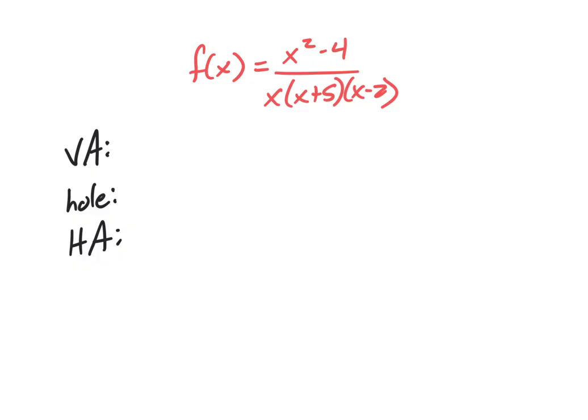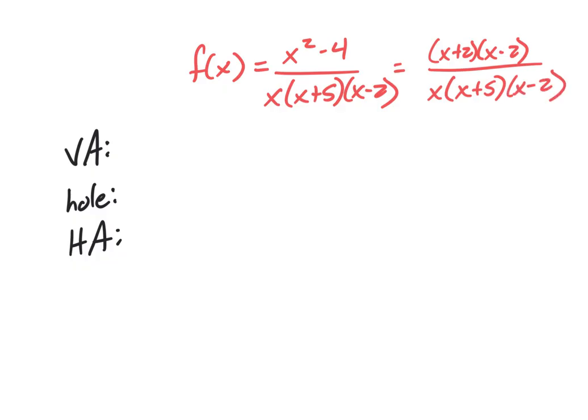The bottom is already factored. The top is not factored. So we're going to factor it. It's another DOPS. So if we write it completely in factored form, it would look something like that.